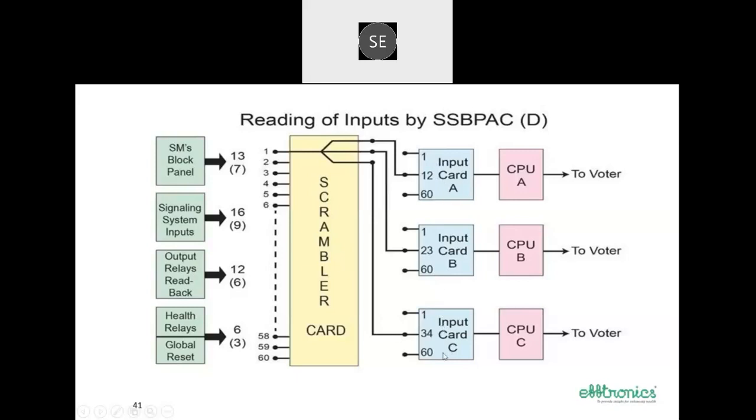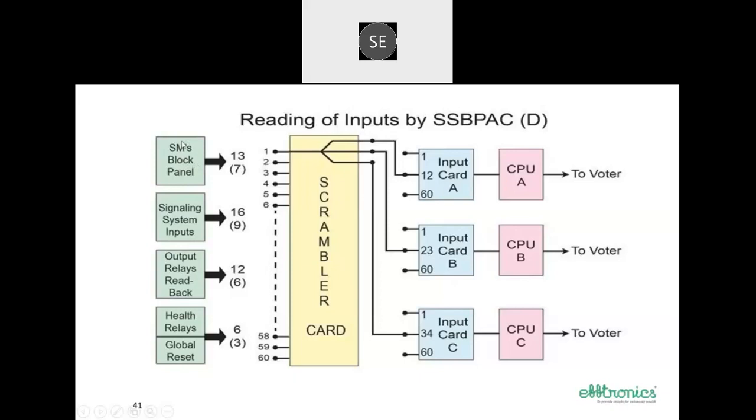These 3 input cards will process the input and produce the output to the CPU cards. The 3 CPU cards will process the data or commands, and they produce the data to the water cards. So in total we are giving inputs from 4 areas.